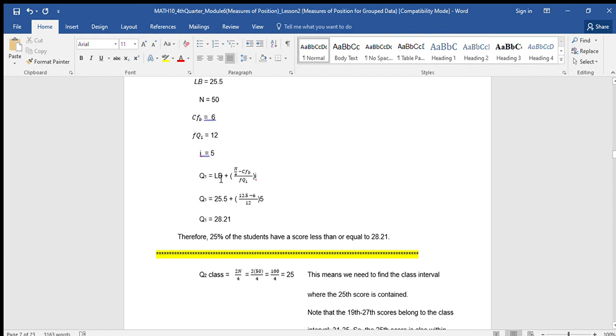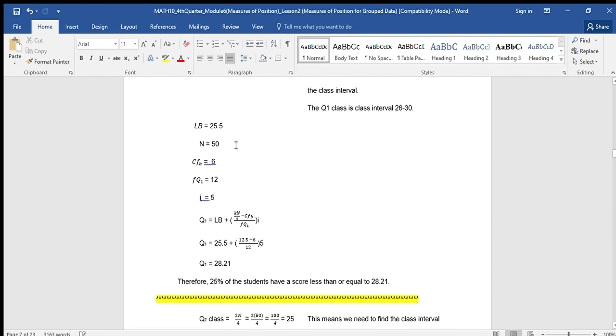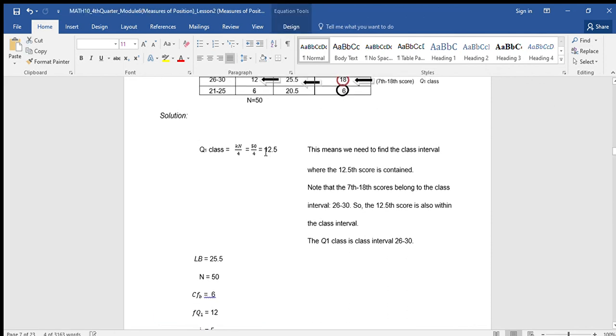And then, after that, balik ta sa formula. Q1 equals LB plus kN over 4 minus C over F times I. So, ibutang ra nato ang mga given diri. Kinsa man si LB, we have 25.5. Kinsa man si kN over 4? Mao ni ato gi-compute diri, 12.5.